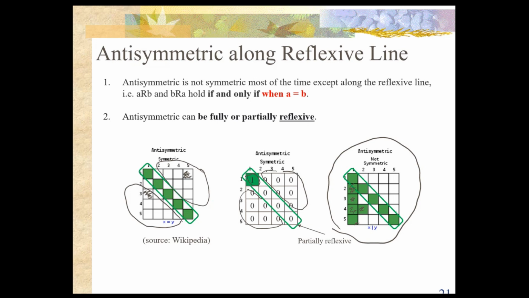The answer is yes, because look at the definition again. Anti-symmetric is not symmetric most of the time, except along the reflexive line, if and only if A is equal to B. So when both segments are empty, check the reflexive cells. If there's any one value, it is still anti-symmetric.